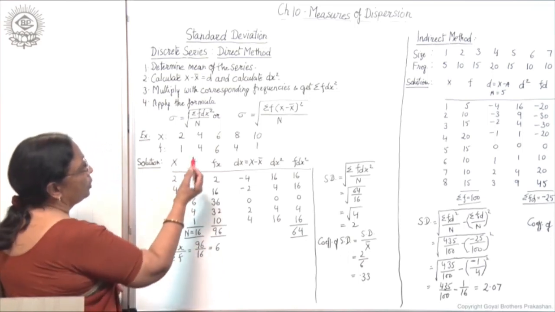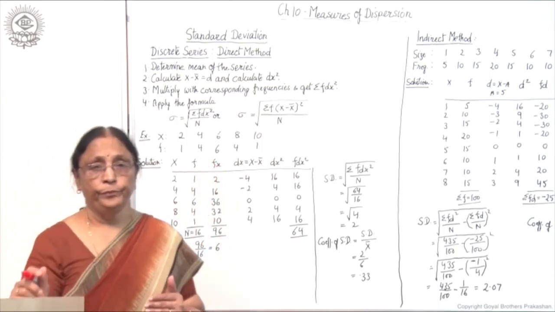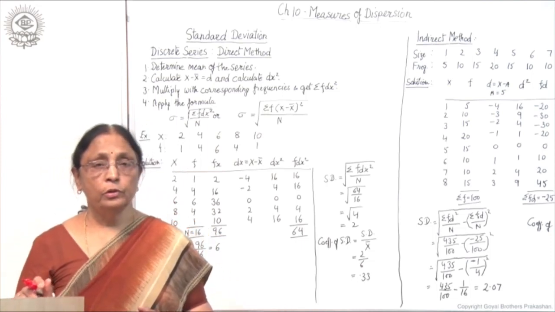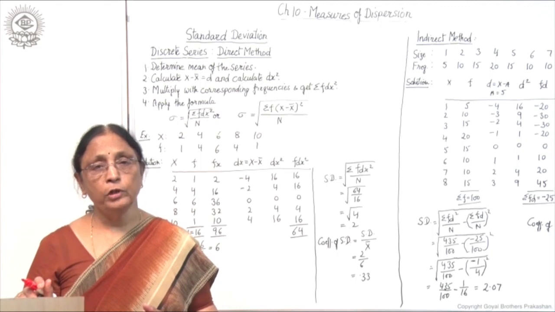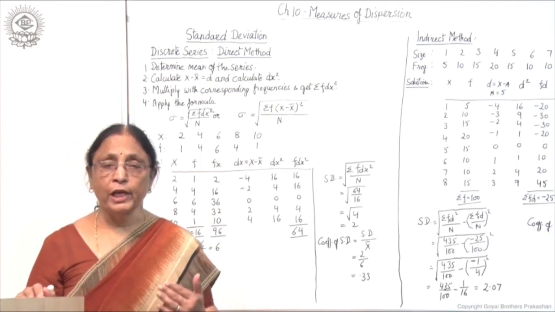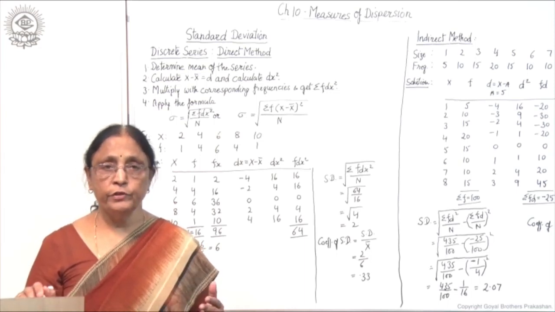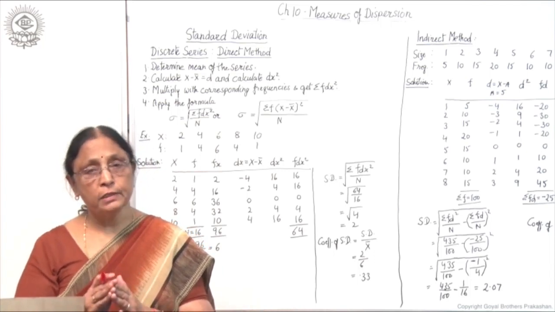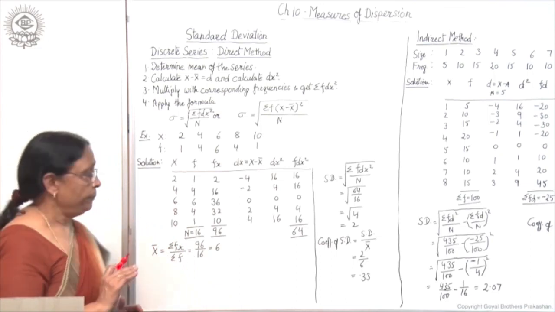Now, you have to find out actual mean. This is the first step, and for actual mean, you know the formula is x bar is equal to sigma fx upon n. So, this is clear that you have to calculate fx. X is given to you, f is given to you, multiply both the columns and you will get fx, do the total and divide by n.